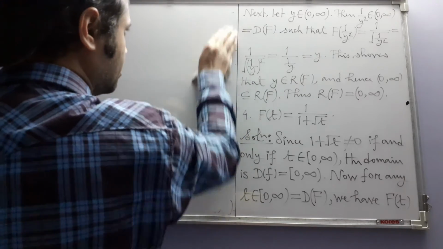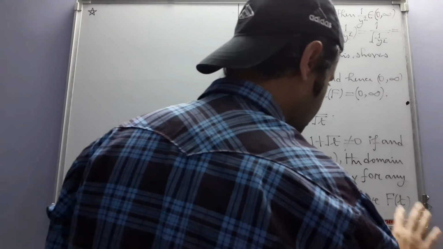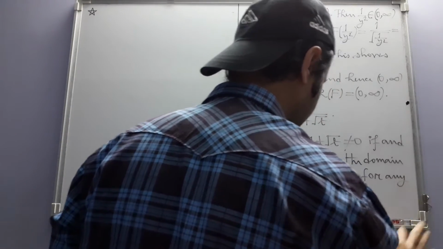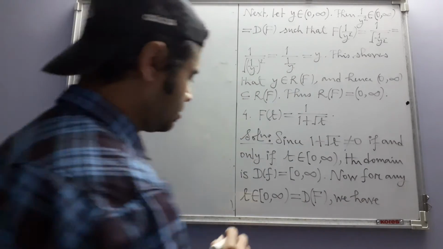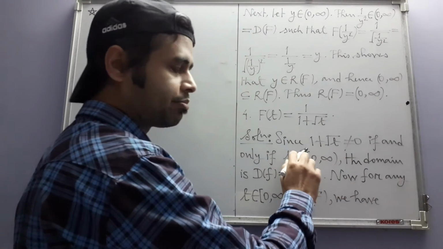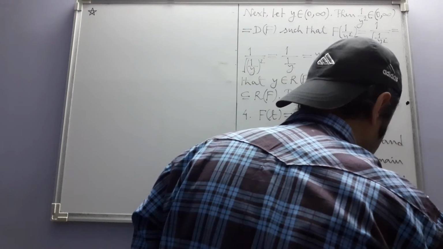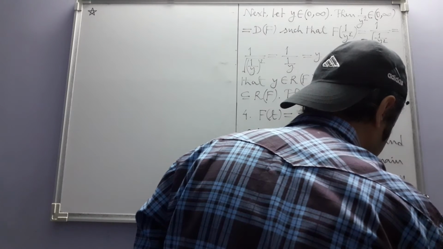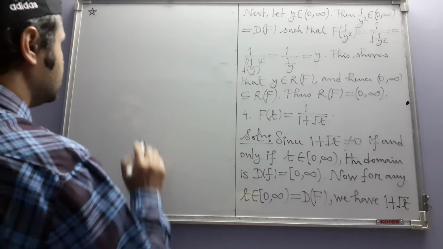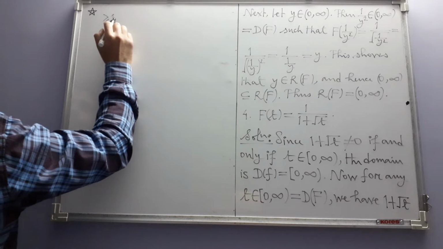So instead of directly going to f of t, let us first see what happens to this. 1 plus square root of t is greater than or equal to 1.